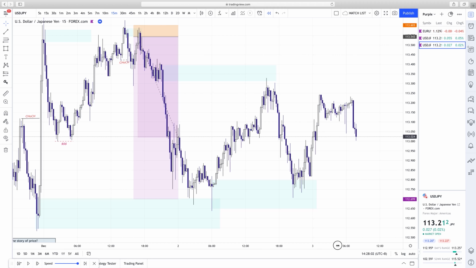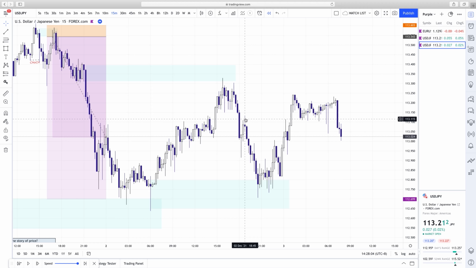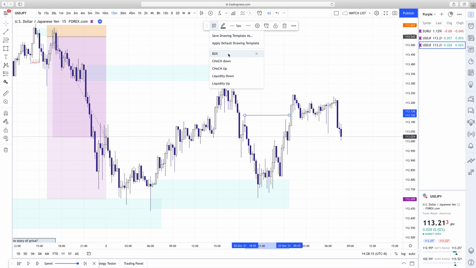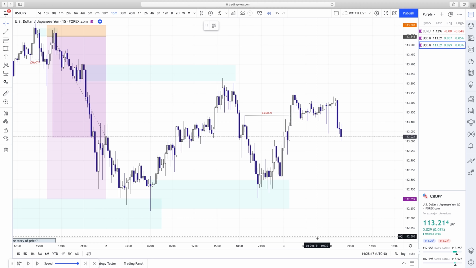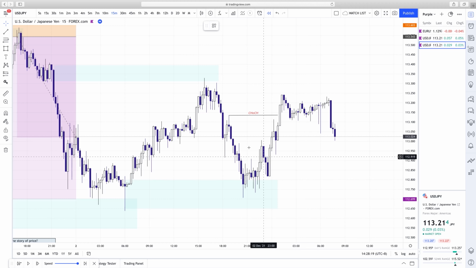And what has happened is, here is the unmitigated supply level, this last up move before the down move that put in this level. So if we break this level, that's a change of character to the upside. Where did that change of character come from? It comes from this 15-minute level right here.